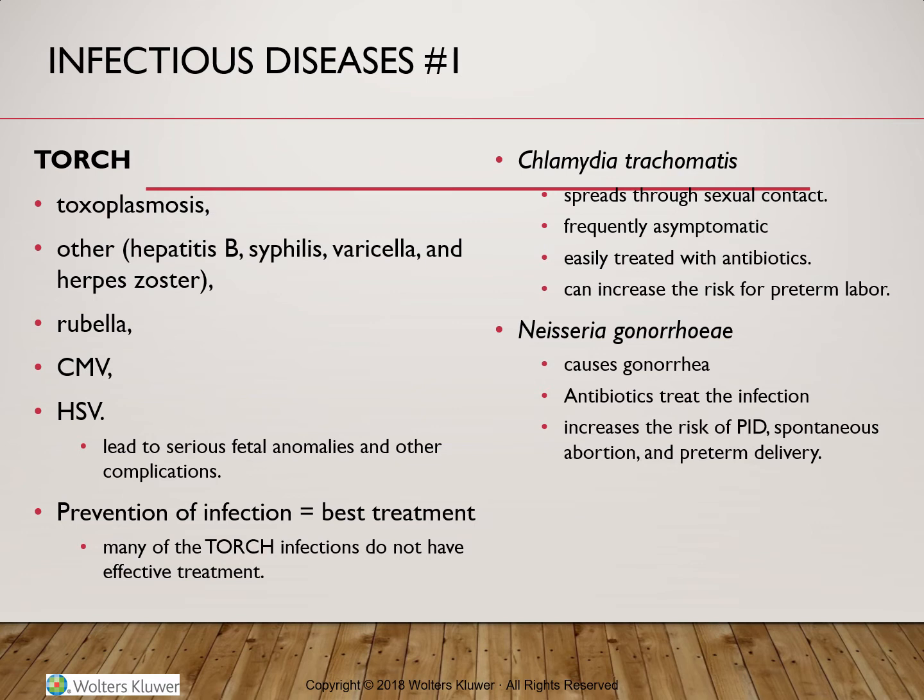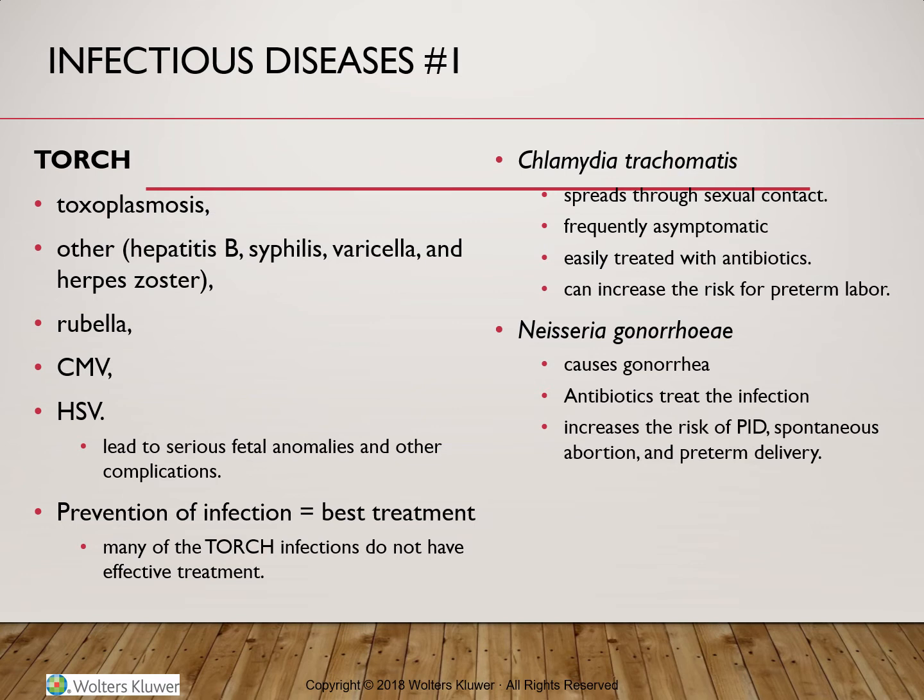I'm going to talk a little bit about toxoplasmosis, and this is an infection caused by a protozoan called Toxoplasma gondii. And transmission is via undercooked meat, unfiltered water, contaminated soil, or cat feces. And it's common in humans and usually will have no symptoms.